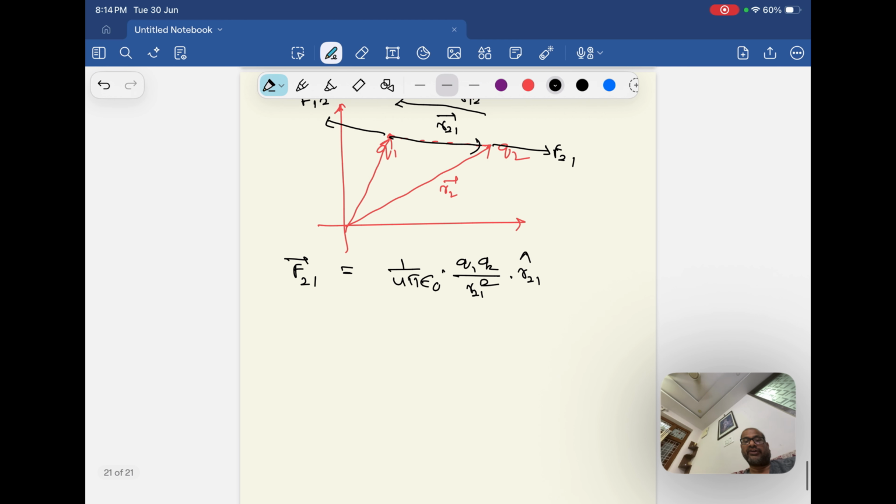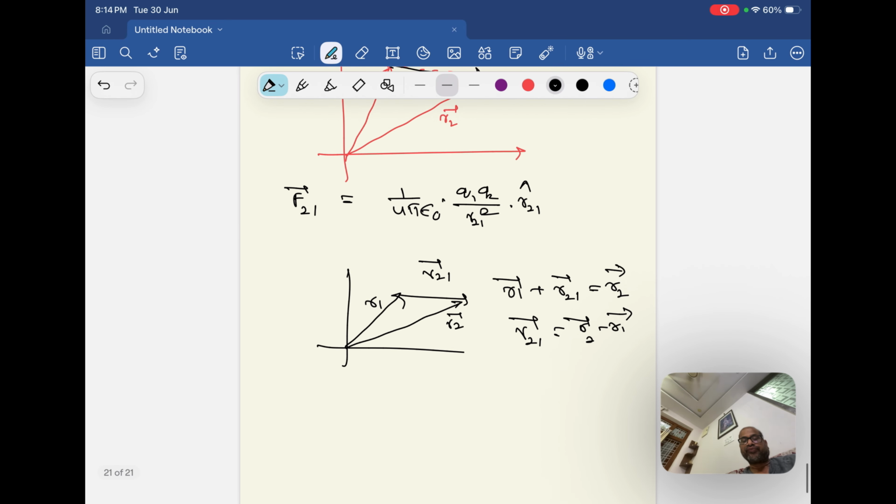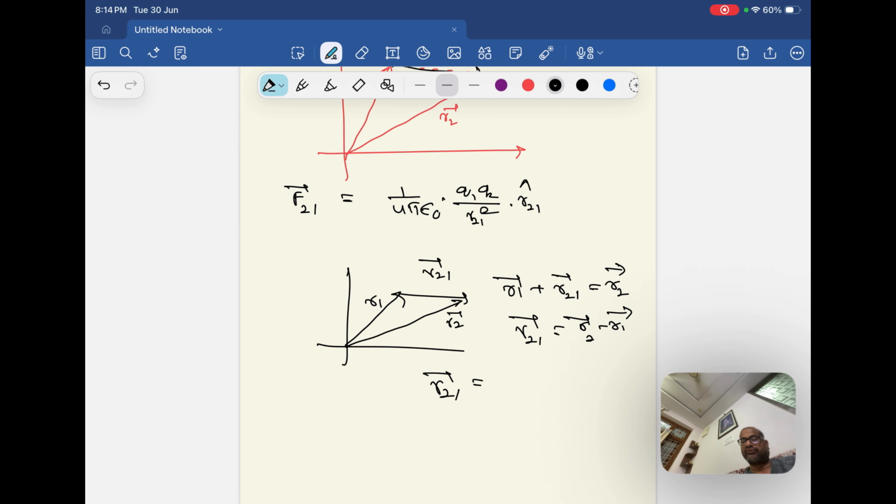Now first of all, find from the triangular law this value. This is R1 bar, this is R21 bar, and this is R2 bar. By the triangular law, R1 bar plus R21 bar is equal to R2 bar. So R21 bar will be R2 bar minus R1 bar, the position of 2 from 1.